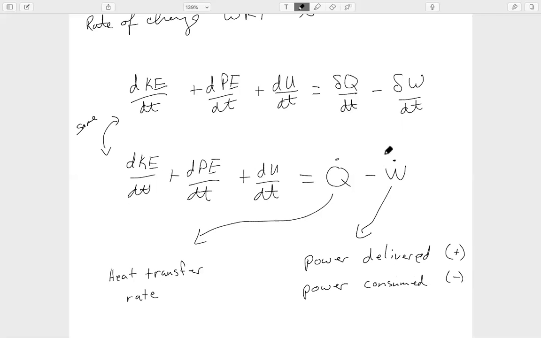Okay, so in terms of a car, the power delivered by the car engine would be W dot, and you'd measure that in horsepower or some equivalent unit.